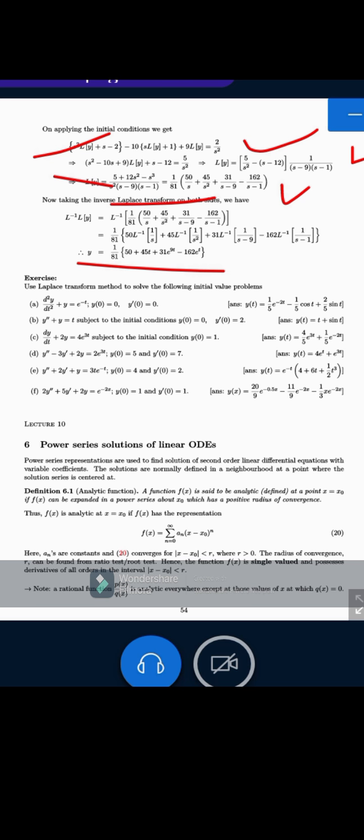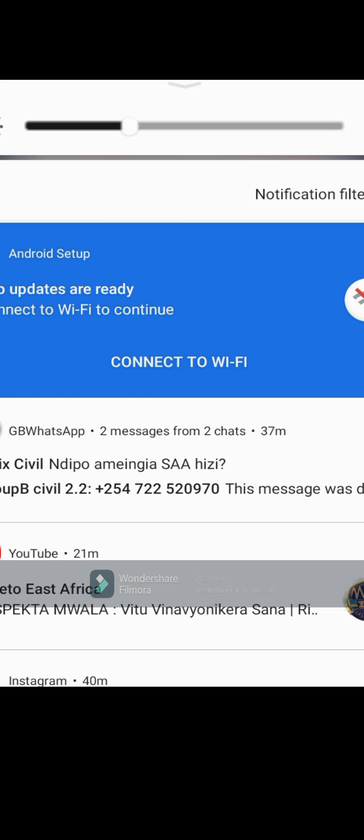I've just said that these are some of the methods. The Laplace transform is another way of solving the differential equation. From our previous lectures, you saw that there are other ways of solving these differential equations. So I think for today, we shall end at that point. Ensure you are able to go through this area and get everything clear.